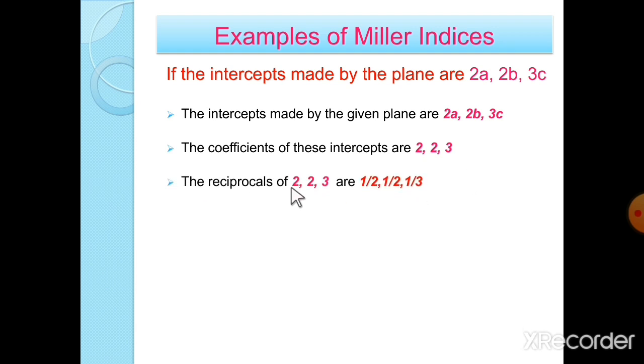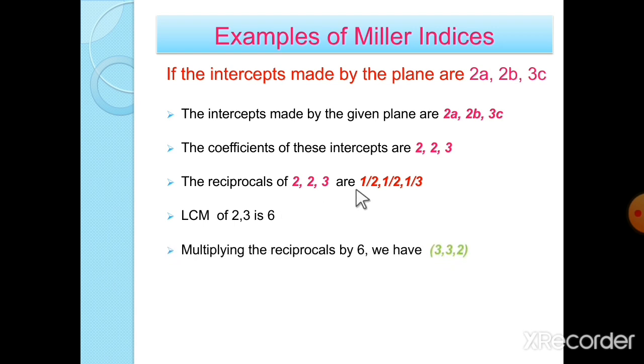The reciprocals of 2, 2, 3 are 1 by 2, 1 by 2 and 1 by 3. Now the LCM is taken for 2 and 3, which is equal to 6. Multiplying these reciprocals by 6, we are going to get 3, 3, 2. Hence, the Miller indices for this plane is 3, 3, 2. That is, the values of hkl are 3, 3, 2.